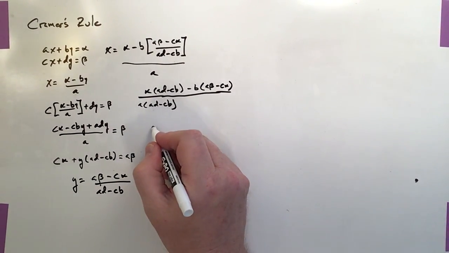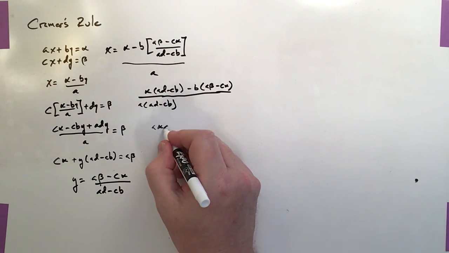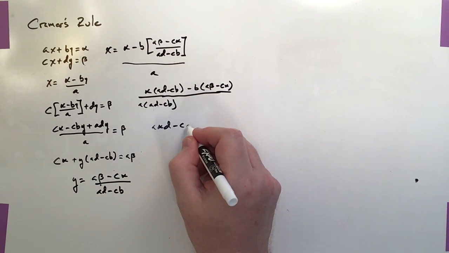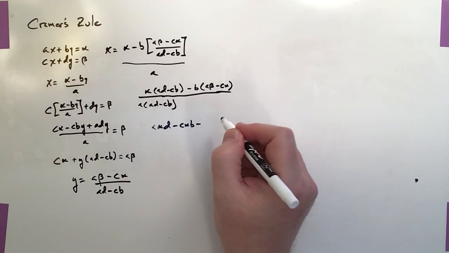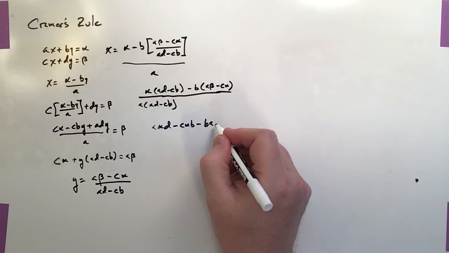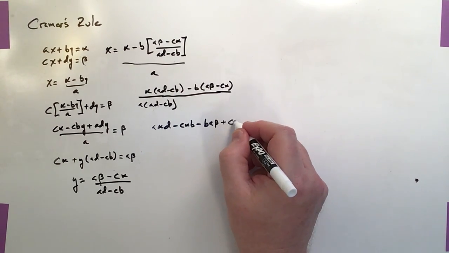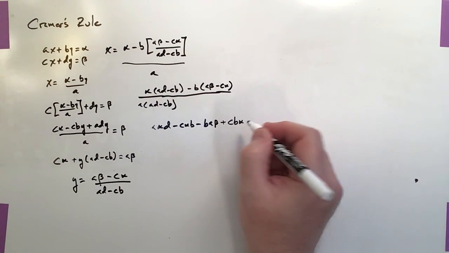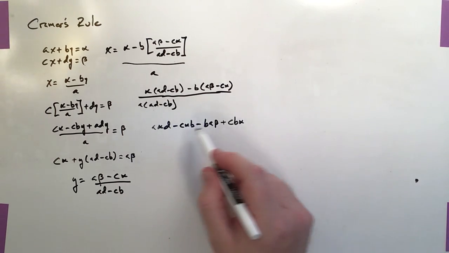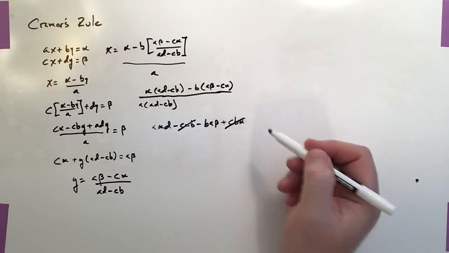It's going to be a alpha d minus c alpha b minus ba beta plus cb alpha. And if we notice, cb alpha is in there twice, so we cancel it out.